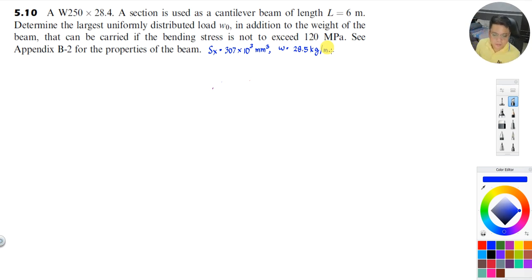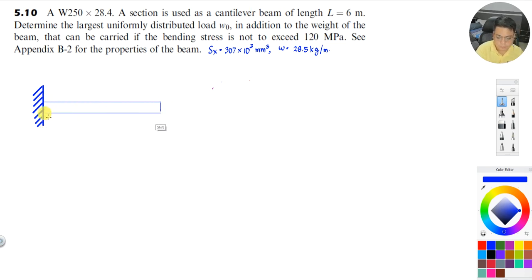A W250 by 28.4 section is used as a cantilever. Okay, so let's draw it. I have here, and then you have a uniformly distributed load.